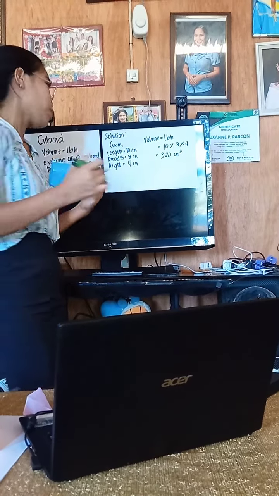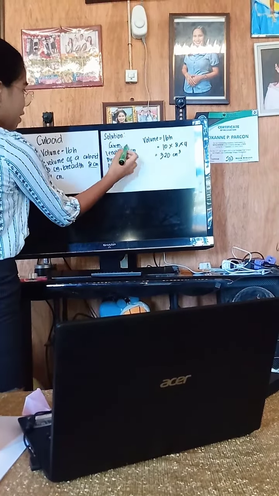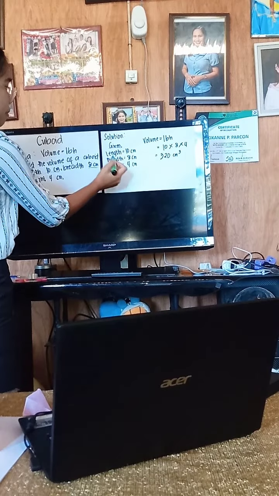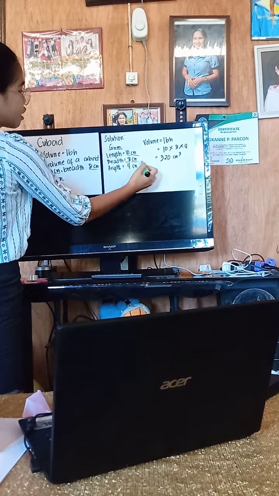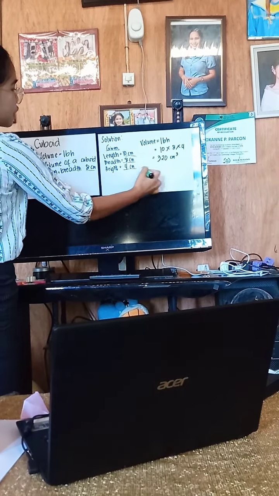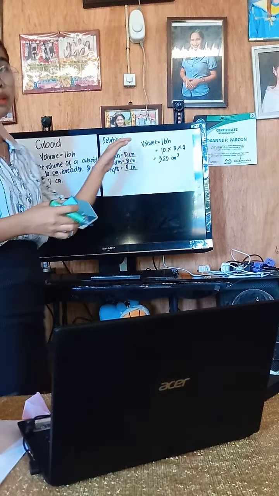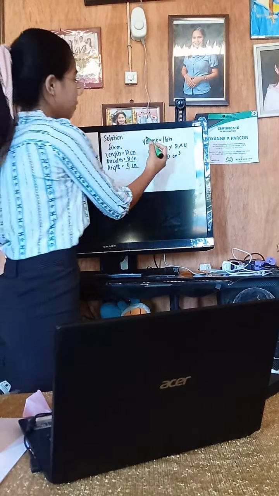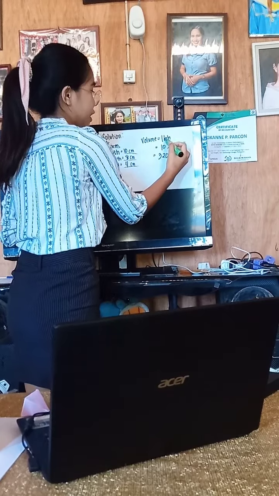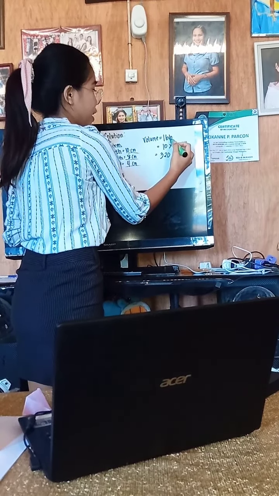So for the solution, we have here the given. Given the length, which is 10 centimeter, our breadth is 8 centimeter, and the height is 4 centimeter. The formula we are going to use to solve this problem is volume equals length times breadth times the height.